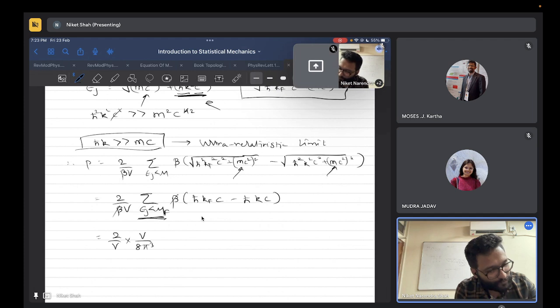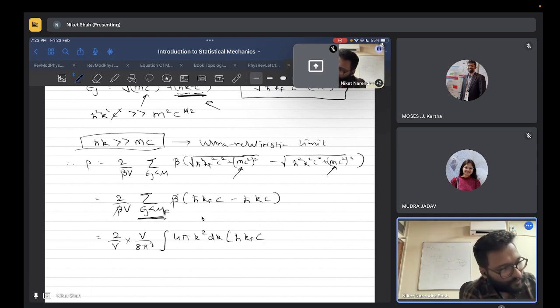The integral just depends on k, the magnitude of k. So I can simply write 4 pi k square dk multiplied by h bar kf c minus h bar k c. So volume gets cancelled. 1 by 4 pi square.